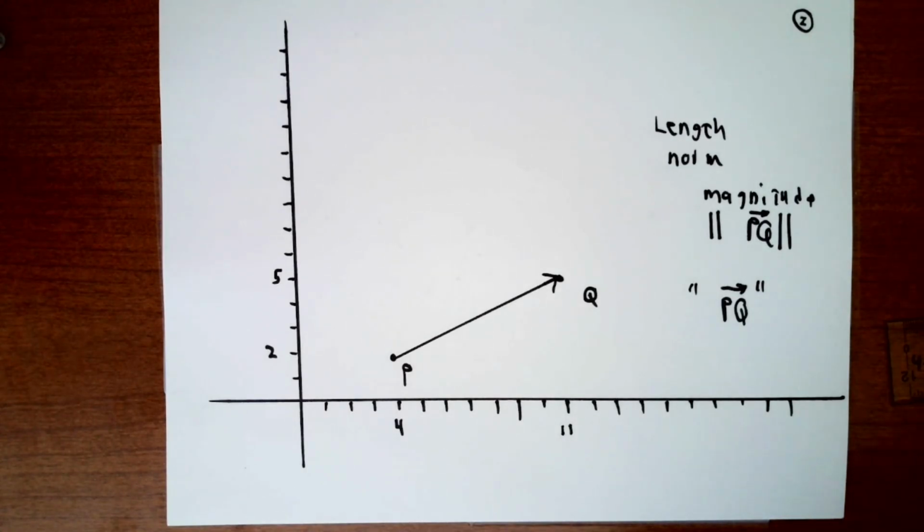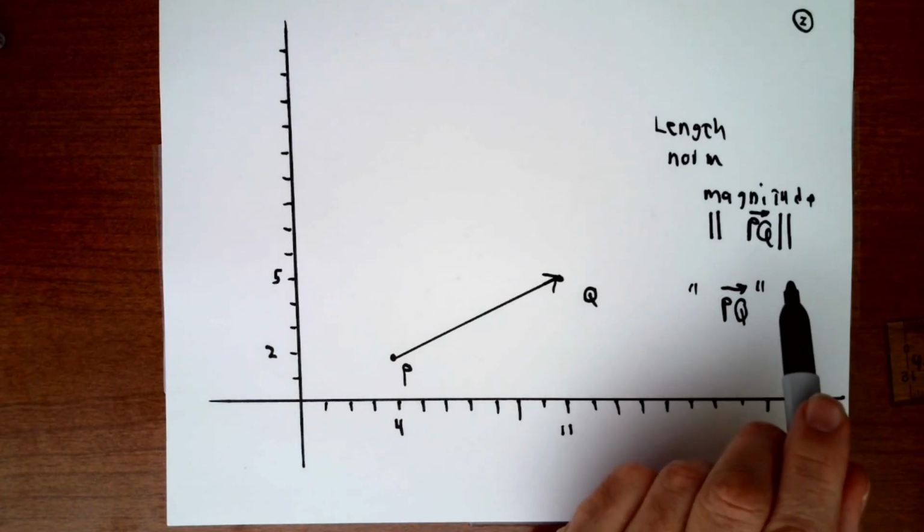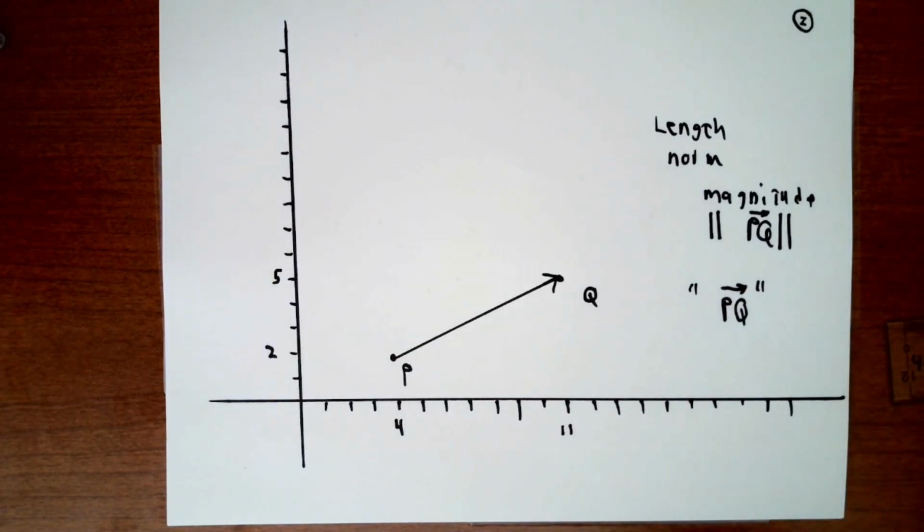A vector quantity is also often described as being a quantity that has a direction and a magnitude. This is going to be the magnitude. To describe the direction, it's most convenient to have set up a coordinate system, which is what we've done here.